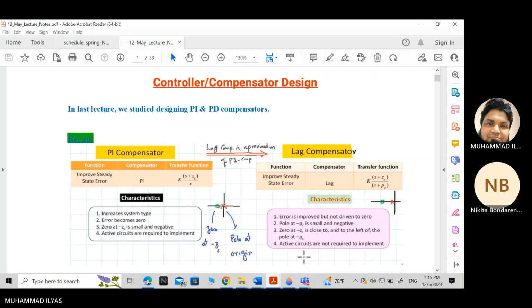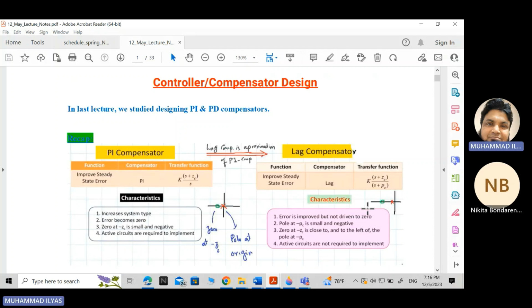Both are used to improve the steady state error, but they do not affect the transient response, or you can say the dynamics of the system. In the PI compensator, we place the pole exactly at the origin, and then choose the zero at some location on the left side of the origin, very close to the origin pole.